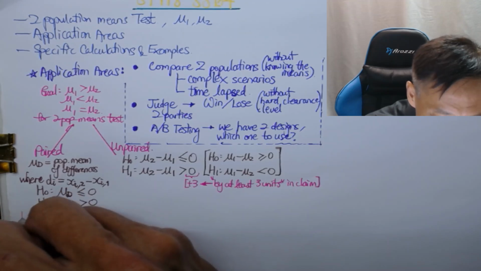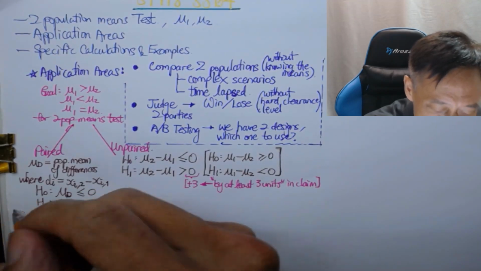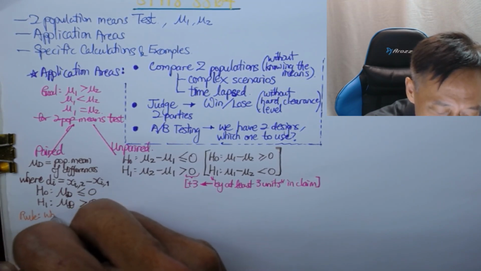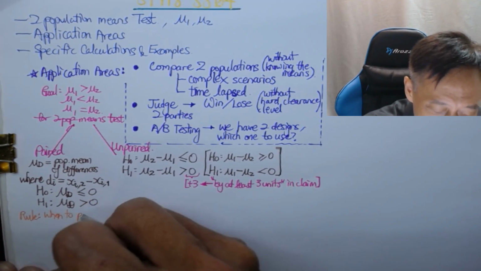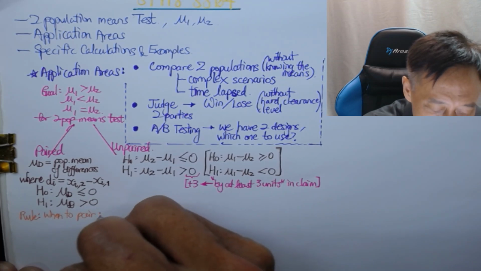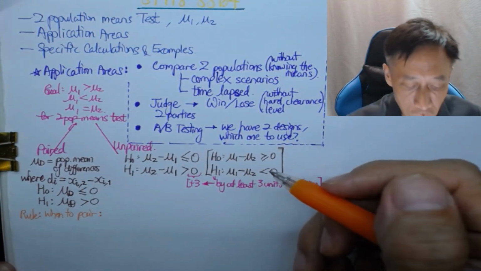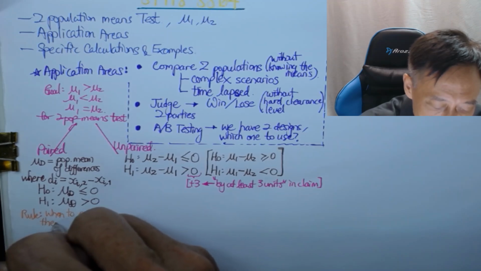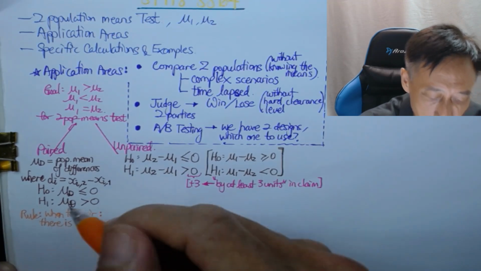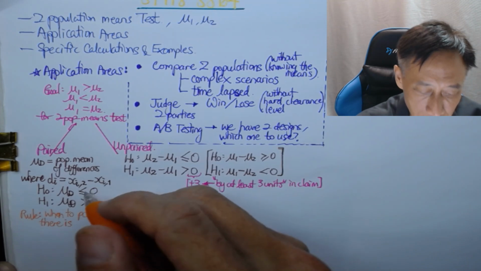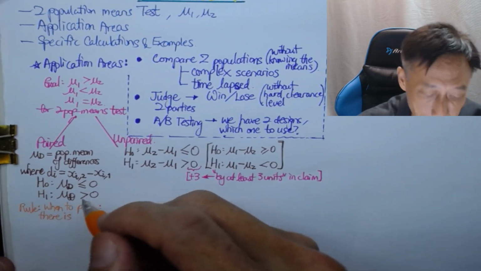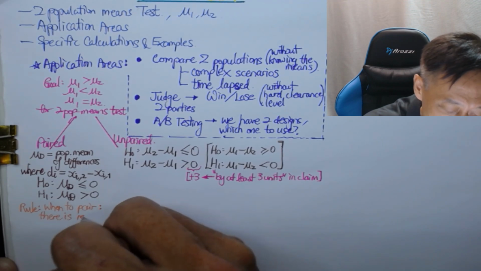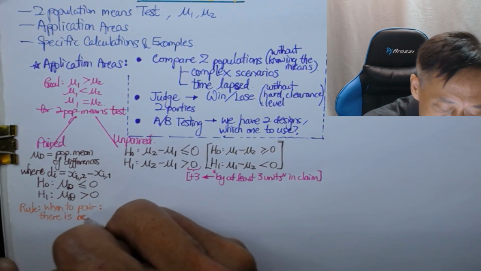So therefore, we want to remind ourselves of the rule of pairing, right? The rule is that when to pair depends very much on there being a reason, a context, acceptable reasons.